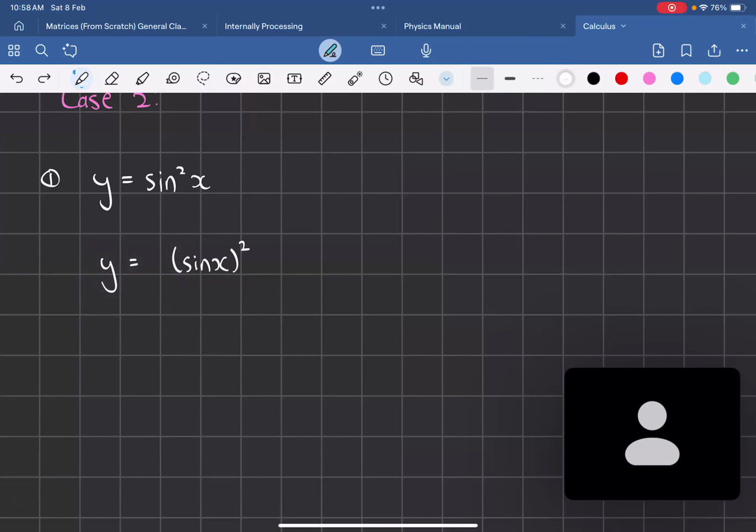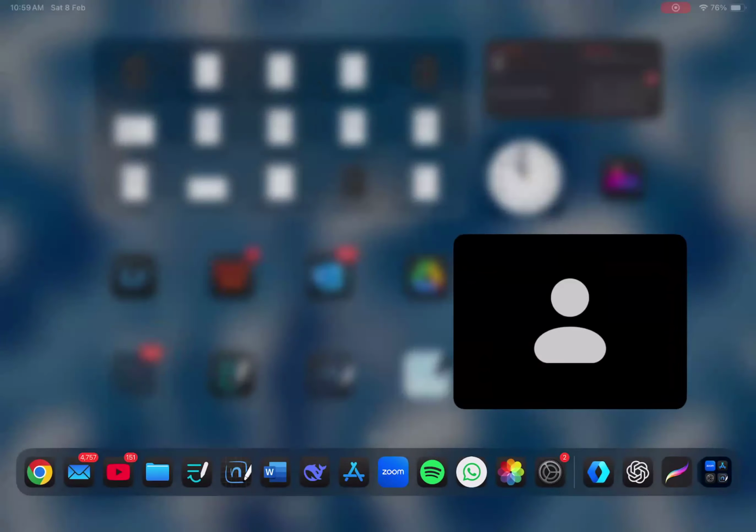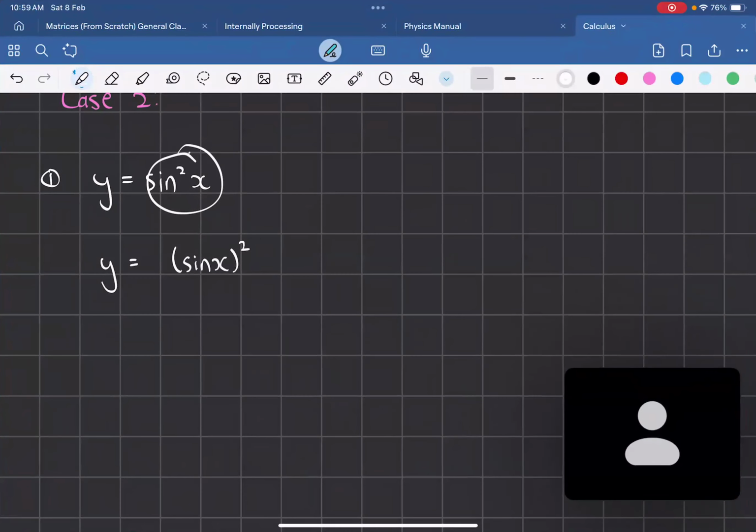So Kira, if you're confused, just know that in maths, this is just a notation. This over here is a notation for this. So sine squared x really means sine x by sine x, which is sine x all squared.